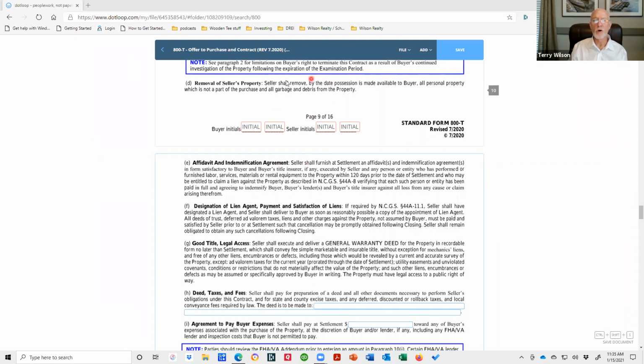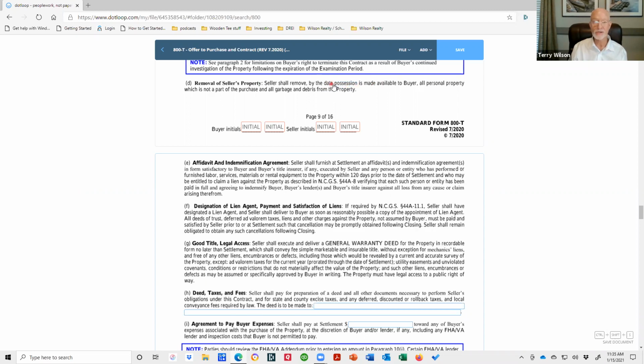Seller will remove all garbage and debris. And again, this is the interesting thing. This contract specifically states that the seller will have the property broom clean or swept clean. Our offer to purchase contract Form 2T does not state that. But in both contracts, it does state that the seller shall remove by the date of possession, which, by the way, folks, date of possession is not settlement.